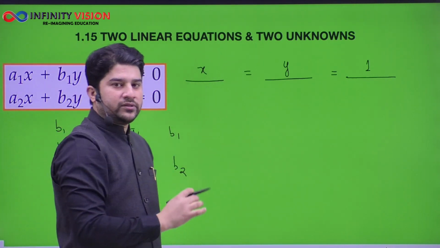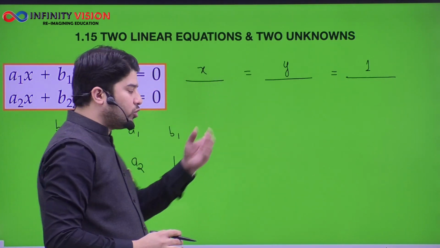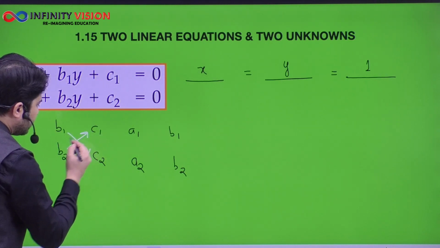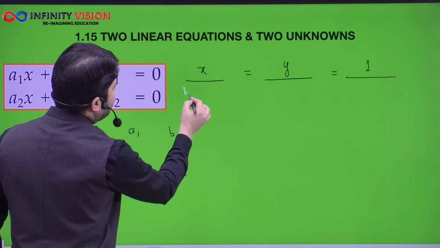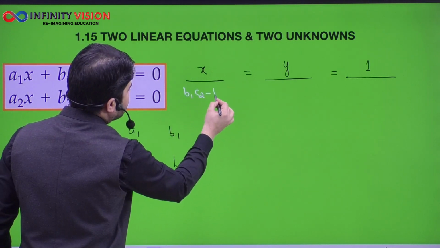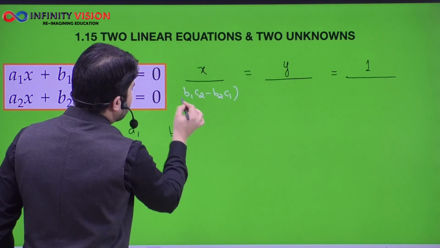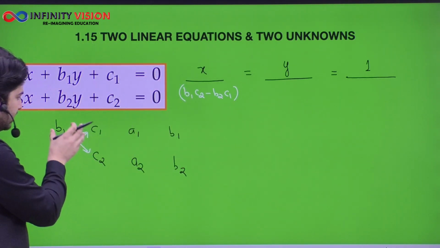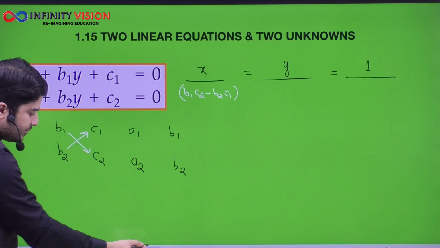For the term below x, I am going to cross the first two pairs, which will help me write B1 C2 minus B2 C1. This is how I am going to write the expression below x, just by cross multiplying these two first pairs.